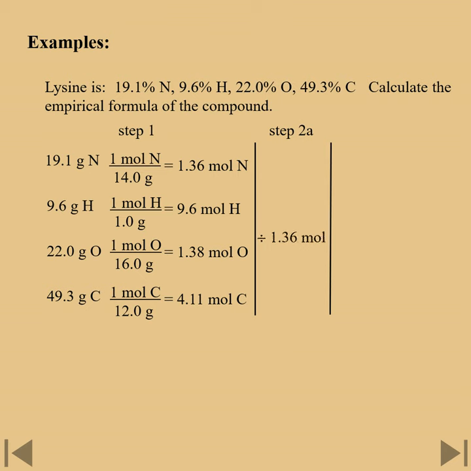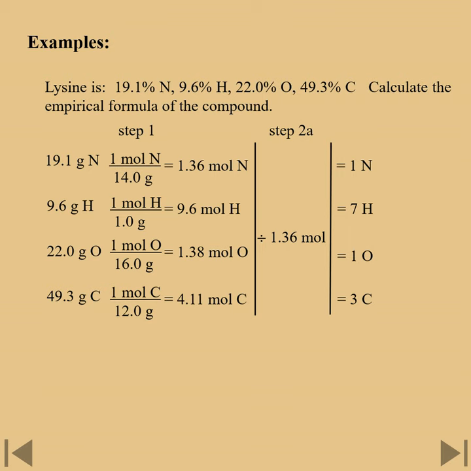And that's going to give us 1 nitrogen, pretty close to 7 hydrogens, pretty close to 1 oxygen, a little bit more than 1, not quite 1, and pretty close to 3 carbons. So like I said, this comes from experimental data, so we might be off in just a few percent of a whole number.